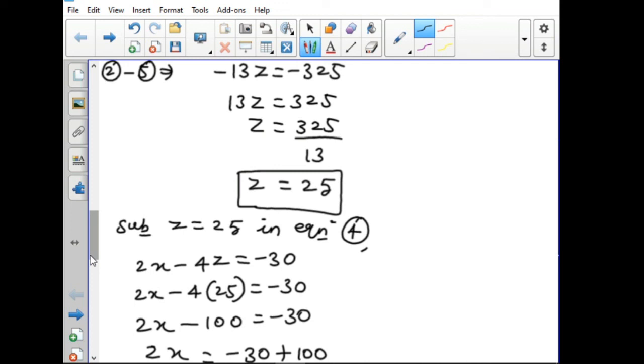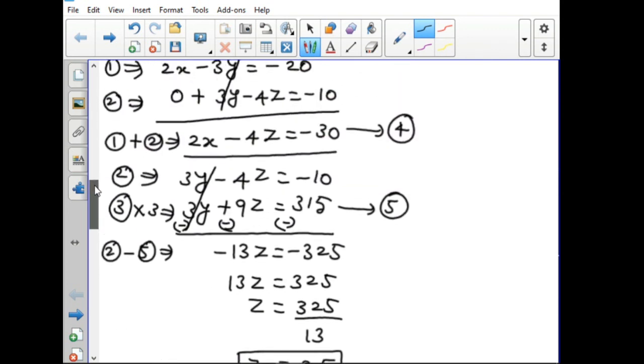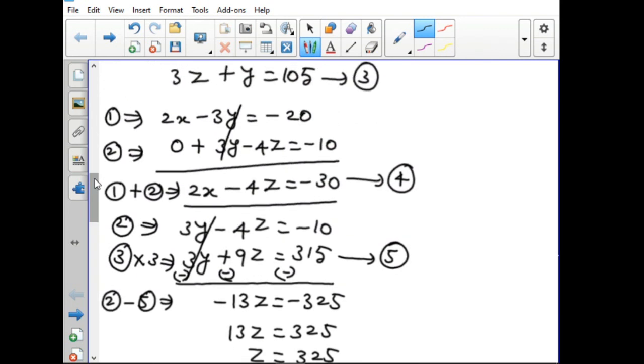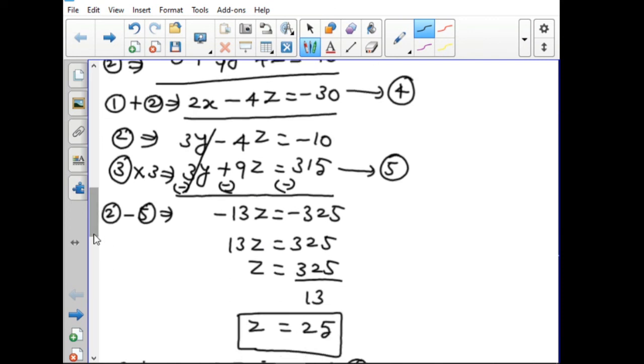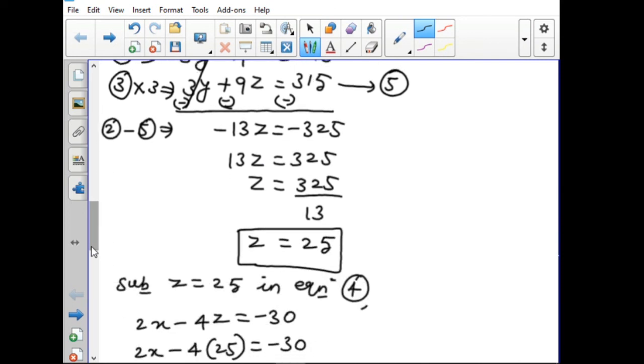In the second subdivision, they have given x, y, z in the denominator. So we have to assume 1 by x equal to a, 1 by y equal to b, 1 by z equal to c like that. Then we can solve the a, b, c equations and get the values of a, b, c. Again we have to convert into terms of x, y, z.